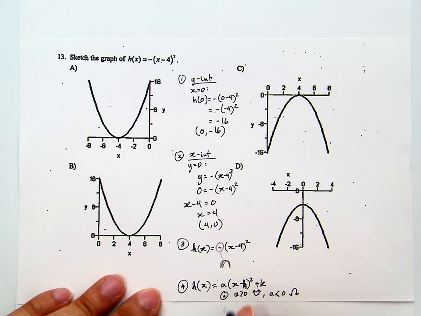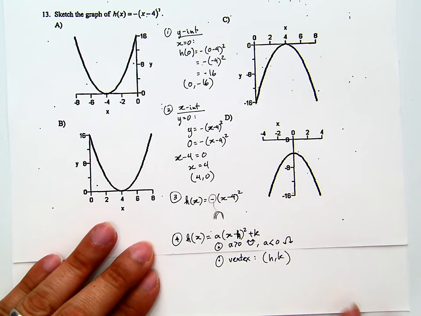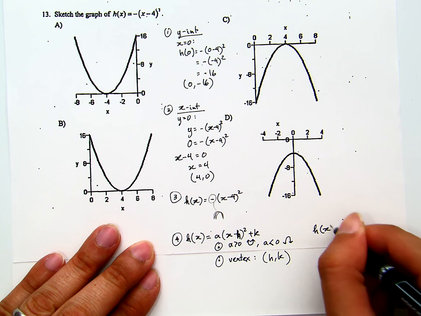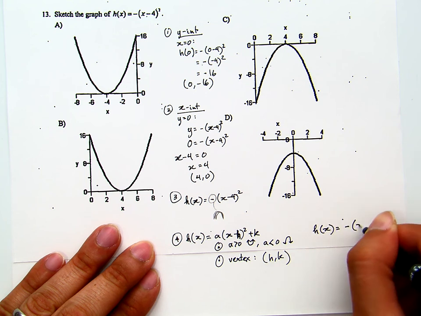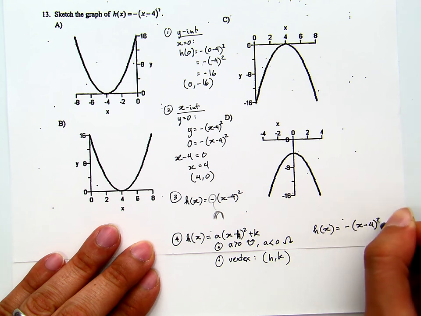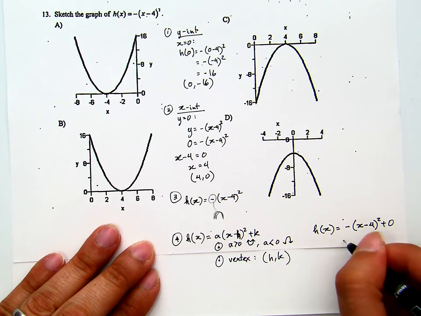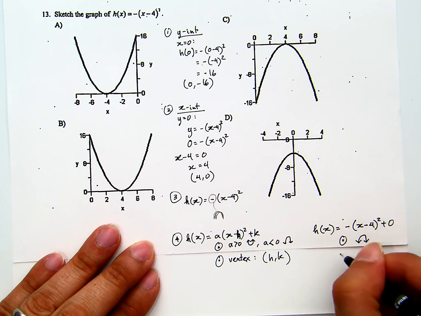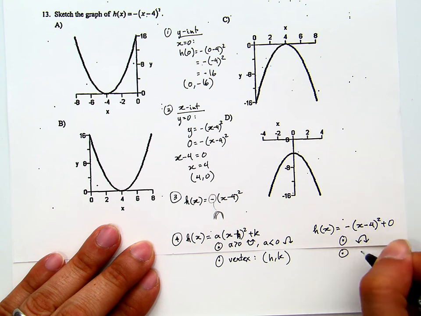Second, the vertex is (h, k). In this case, if we rewrite this, h(x) equals negative (x minus 4) squared plus 0. From here we know that it will be upside down because this is negative, and second, the vertex is (4, 0).